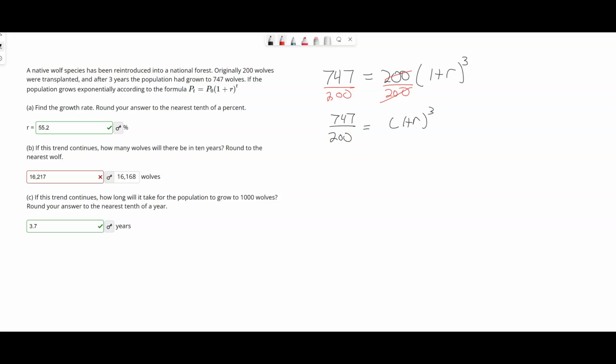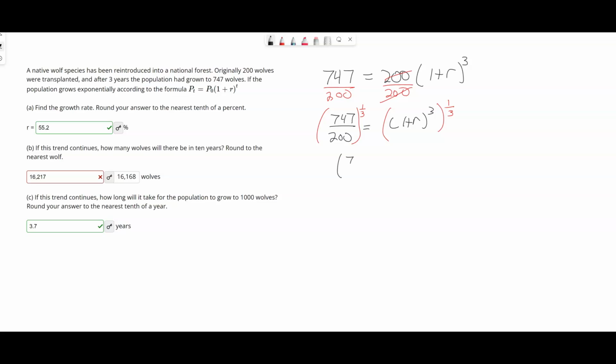Now, in order to solve for r, we need to get rid of the exponent. We can do the cube root. I'm choosing to do the 1/3 power because some people don't know where their cube root button is, but everyone has an exponent button they can find.